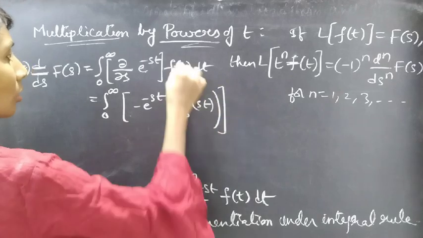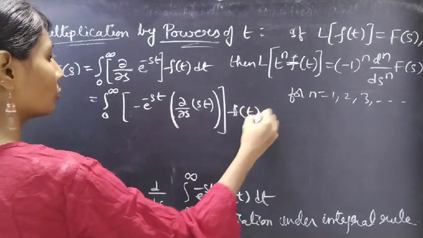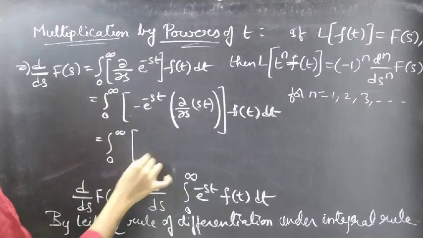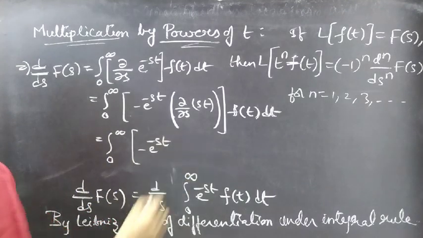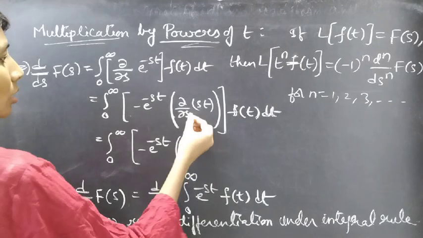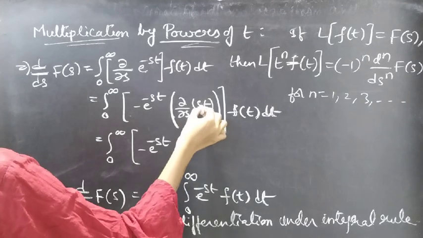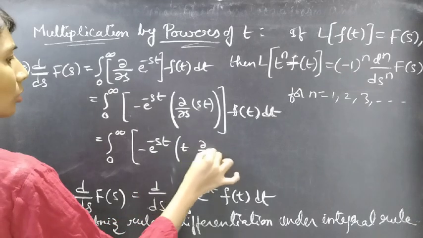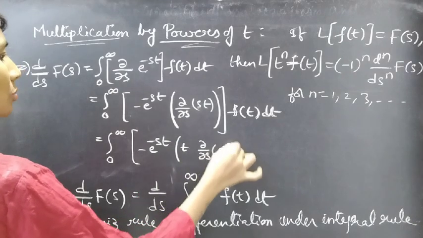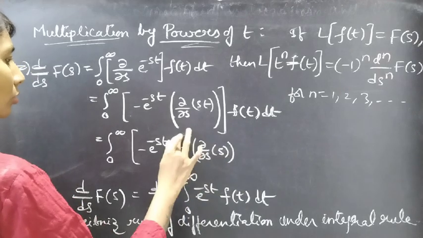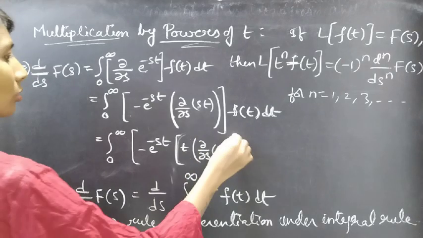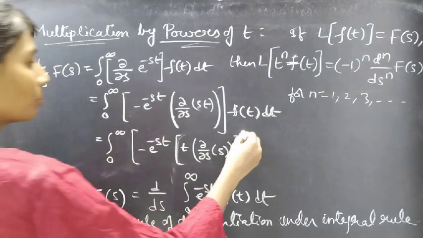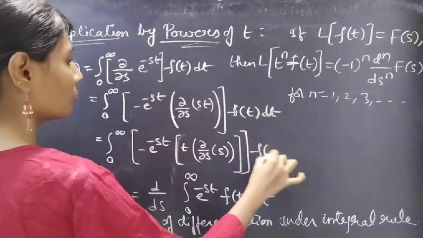Into f of t dt, which gives us integral 0 to infinity minus e power minus st into t into the partial derivative of s with respect to s, into f of t.